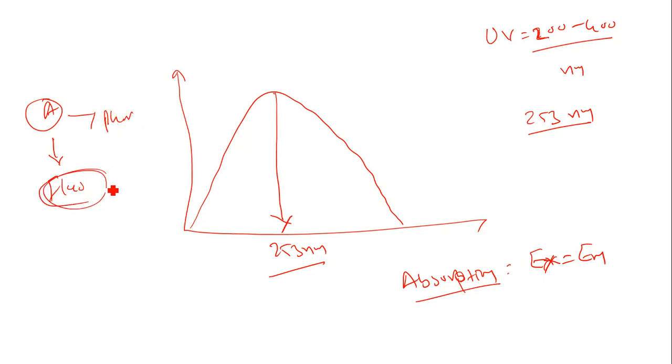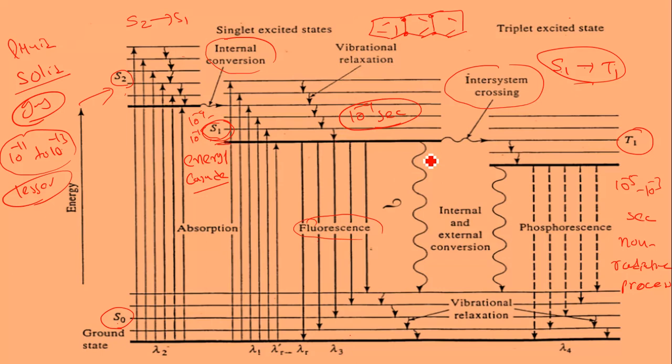Here the fluorescence energy is higher than the phosphorescence energy. Why? Because there is a small gap between S1 and the triplet, but when you compare S0 to T1, there is a large difference. So the phosphorescence energy is lower as compared to the fluorescence energy.